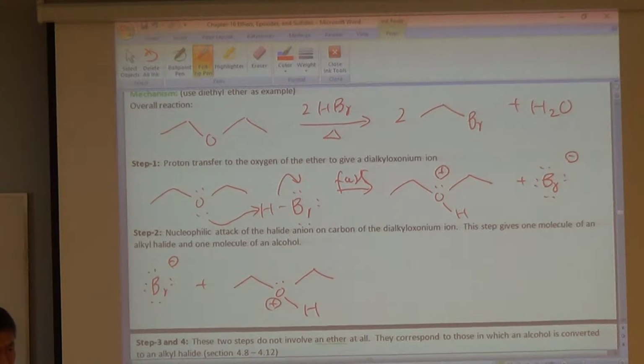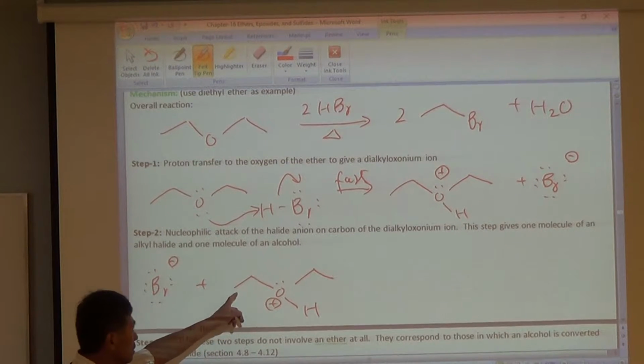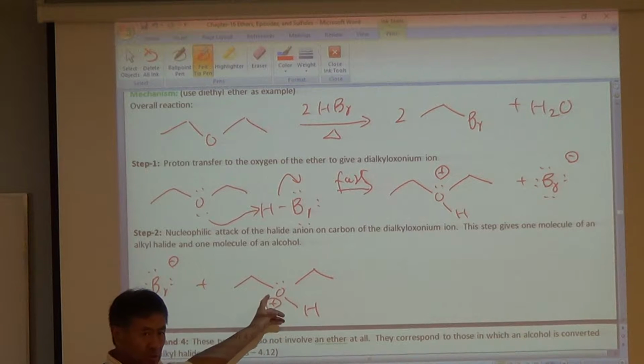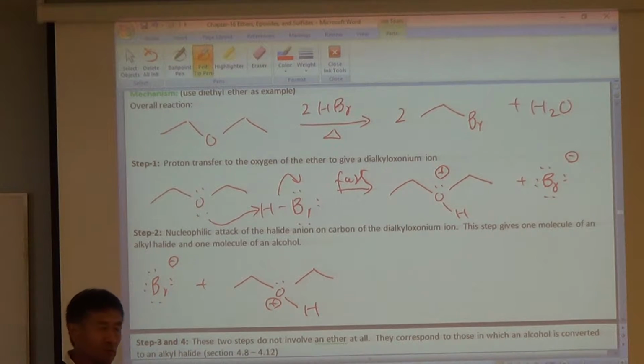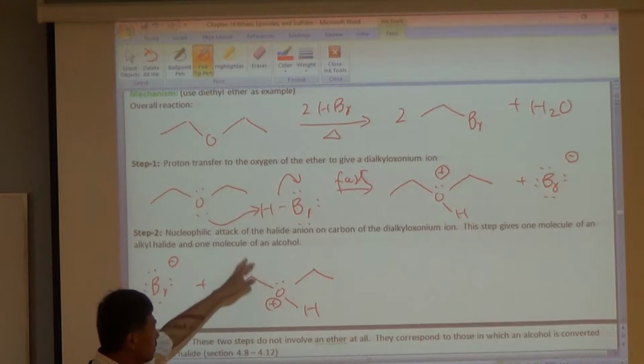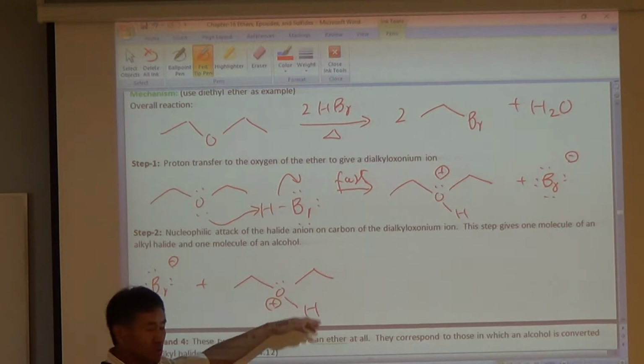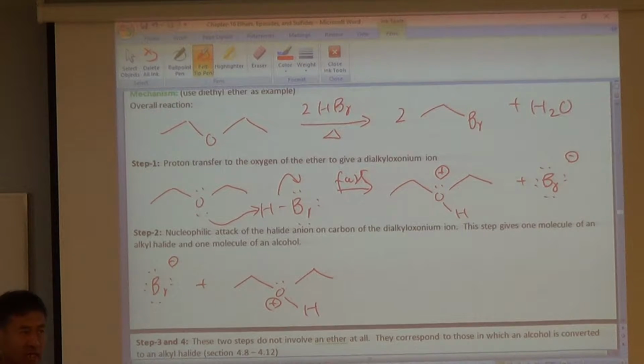This will be the SN2 reaction. You have this symmetrical ether, I mean there are 2 of the same alkyl groups here. If not symmetrical, if here is isopropyl and here is methyl, which one is going to be attacked? We will not study those, so right now we just say they are the same.